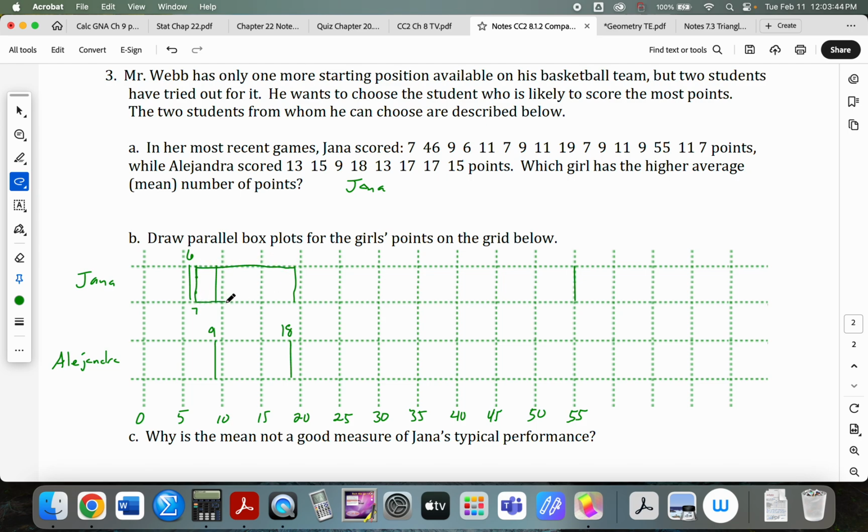So, your box plot for Jana looks something like this. All right, and then for Alejandra, let's see, the minimum was 9, right? Quartile 1 was 13. Yeah.